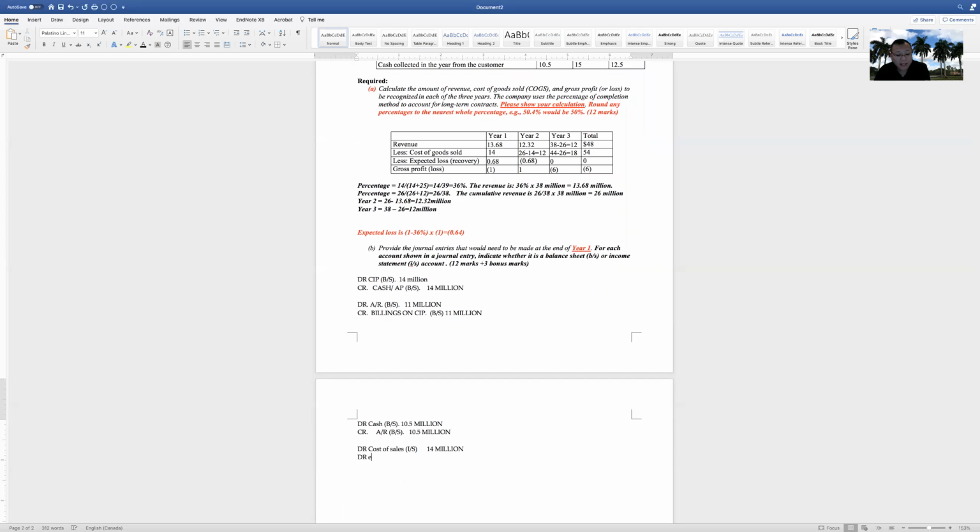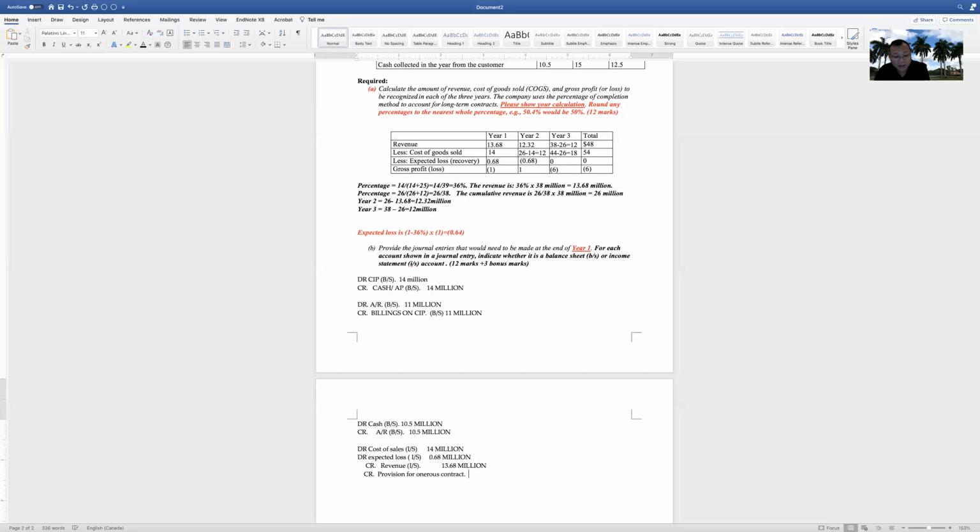And you recognize expected loss. This is also income, which is 0.68 million. And then you credit your revenue, which is also your income statement, for 13.6 million. And then you credit your liability for the loss provision for onerous contract.